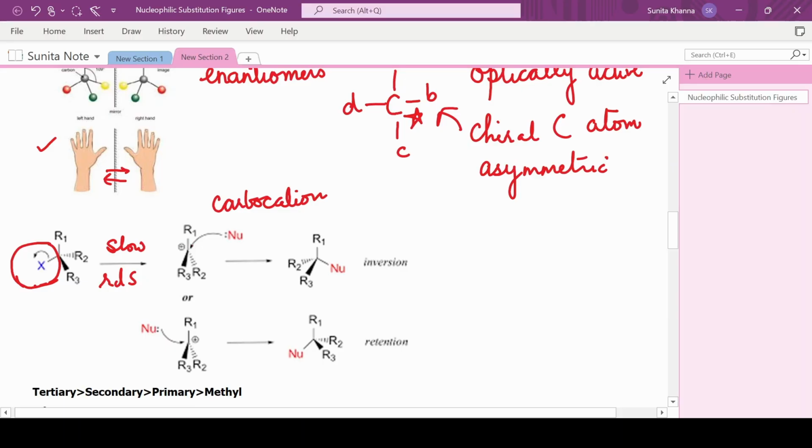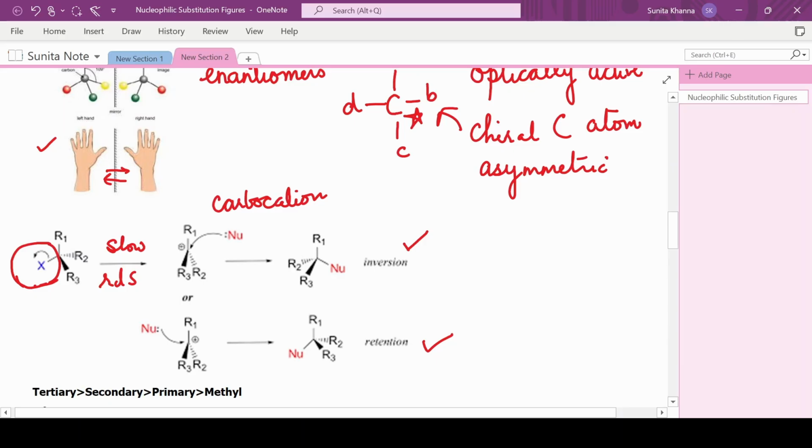If it is attacking from the same side as the leaving group, then the product formed is with retention. But if the attacking nucleophile is attacking from the opposite direction, then the product formed is with inversion. So here both the probabilities are there, inversion as well as retention.